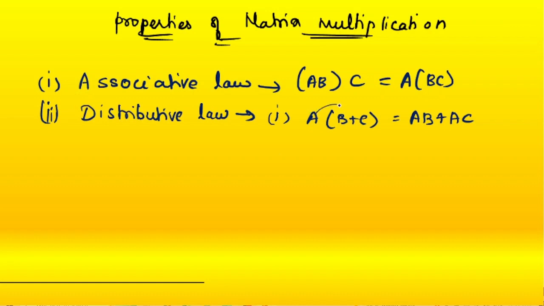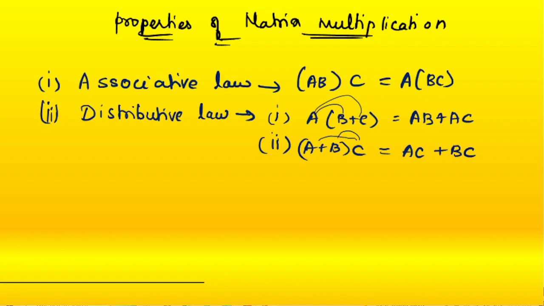That is, A can be multiplied with B as well as with C. Or the second condition is, when you have (A plus B) into C, that time C can be multiplied with both the values. So you can get AC plus BC. Clear?